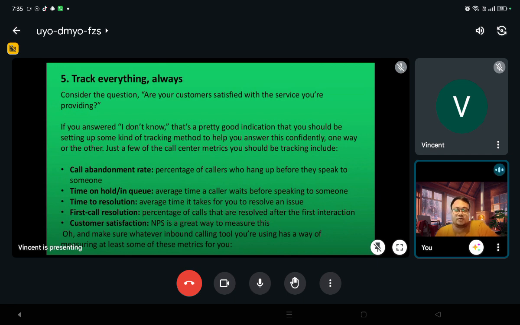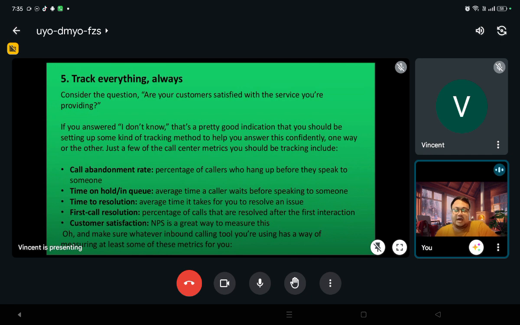So they can't resolve it easily, and it might lead the customers to be irate and frustrated, and it will lead to a supervisory call.